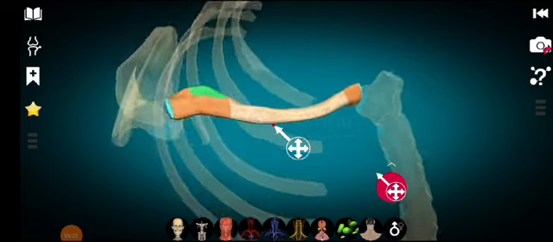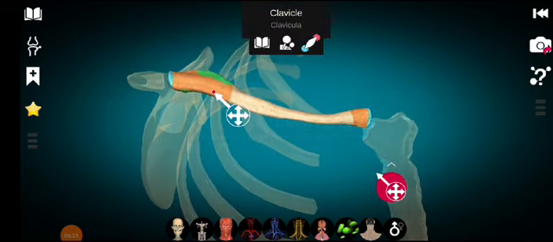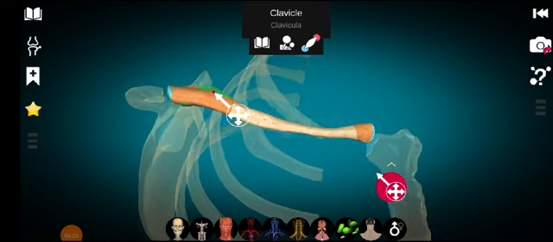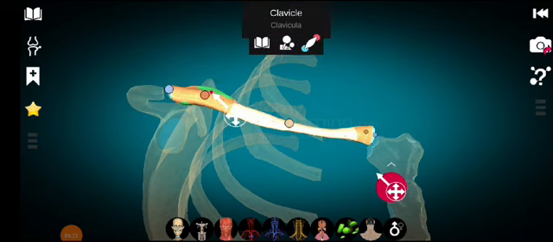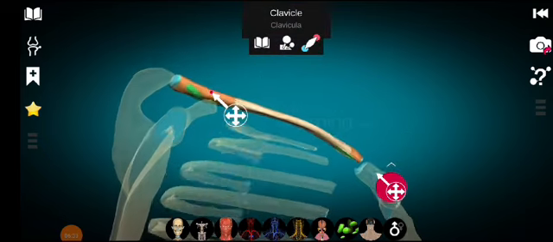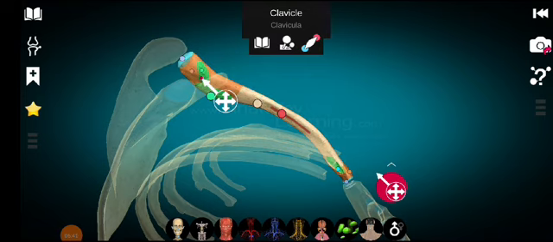Now going to the lateral region of the clavicle. The lateral region forms the one-third of the shaft of the clavicle. It has two surfaces, one is the superior surface, the other is the inferior surface. You can see over here this is the inferior surface. There is a line that goes on the inferior surface of the clavicle.